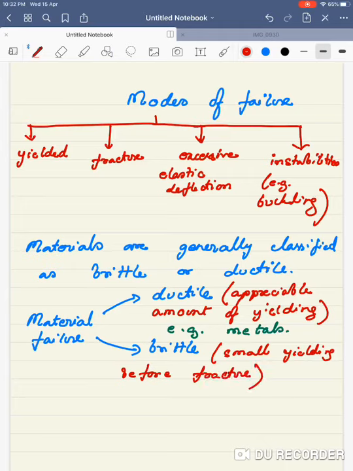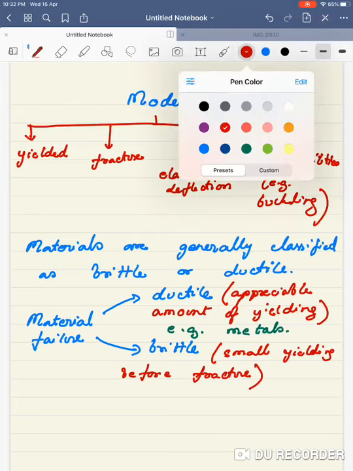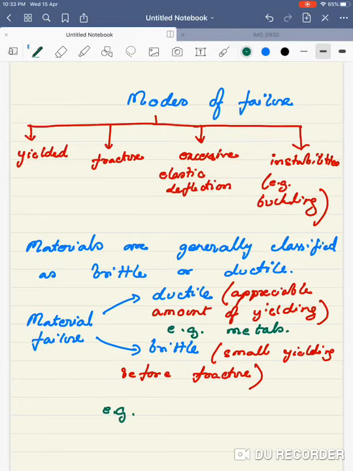Examples of this would be glass, concrete, ceramics, etc. Again, this entire discussion, what is appreciable, what is small, is very qualitative, right?